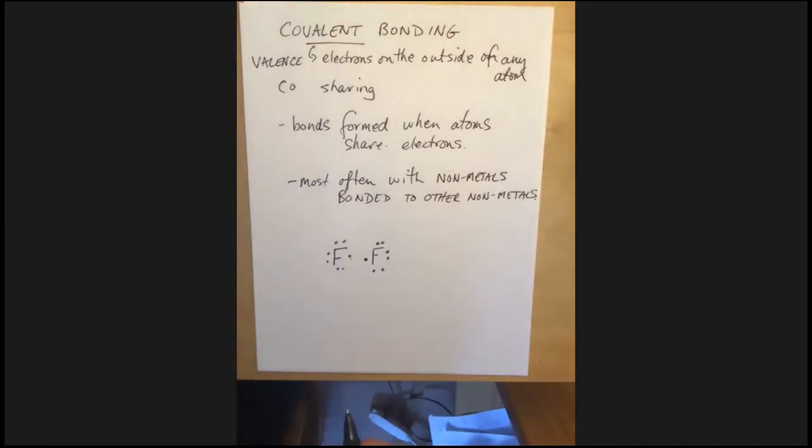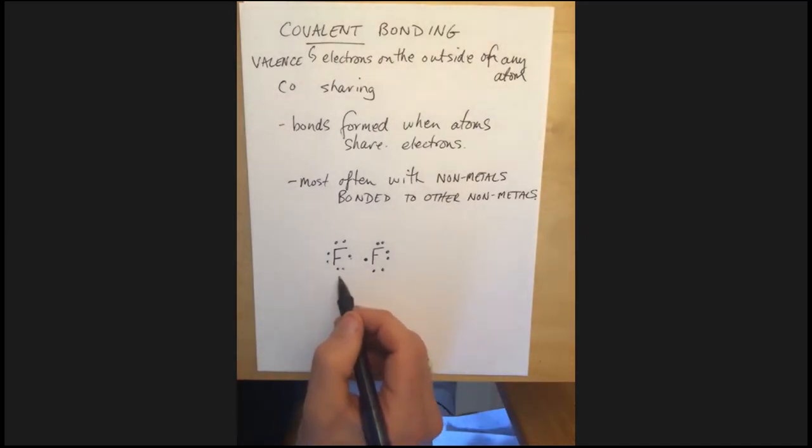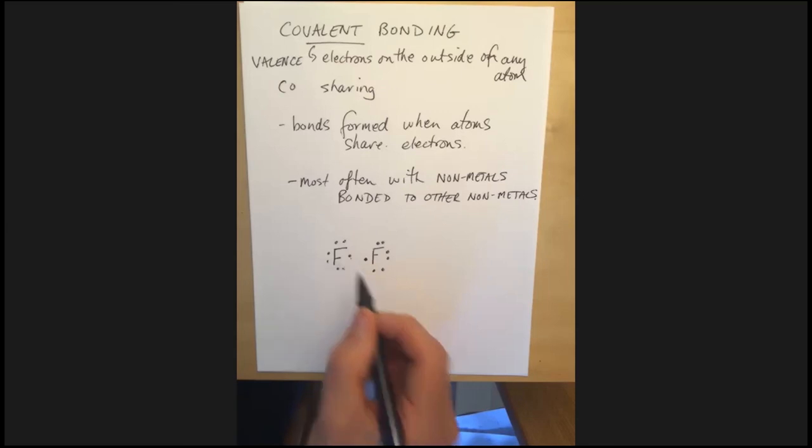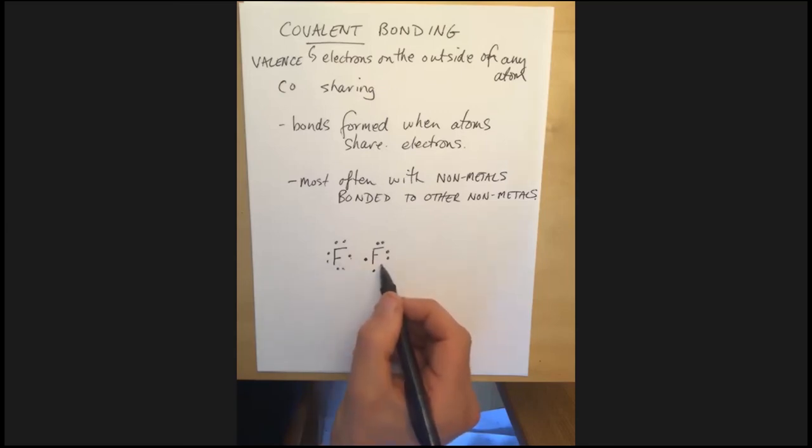And so if I bring my 2 fluorine atoms close enough together, these 2 electrons can occupy the same orbital, and then this fluorine will have 8 electrons, and this fluorine will have 8 electrons, and so their octets will be satisfied, their orbitals will be full, and so that will make the fluorine F2 molecule more stable, and so it will hold together as a single molecule.